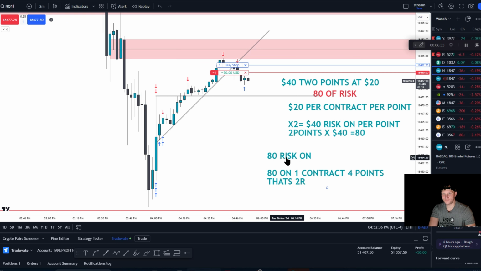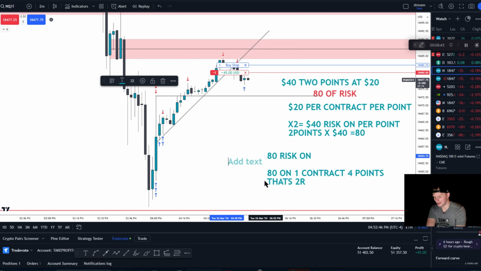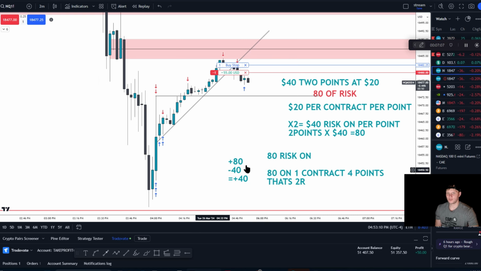So now, how much do I have left in terms of risk? I have $40 left on my stop, but I took profit, and now I have $80 profit. So you go plus 80 minus $40 left of risk on, so that equals plus 40. So no matter what, even if you get stopped out, you will have a plus $40 trade.